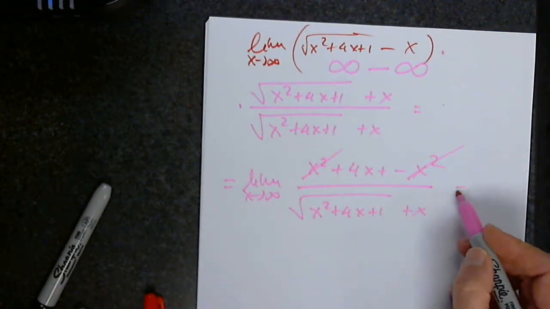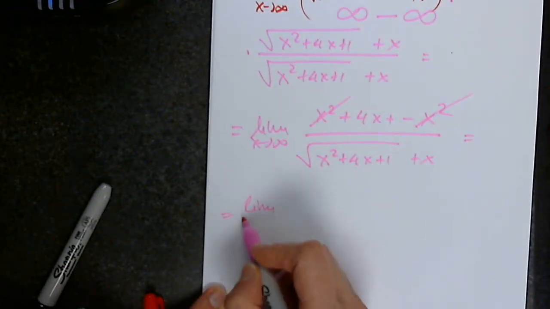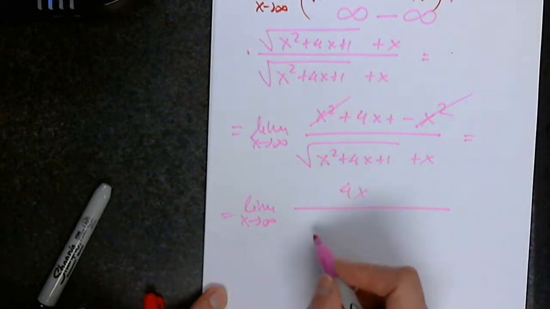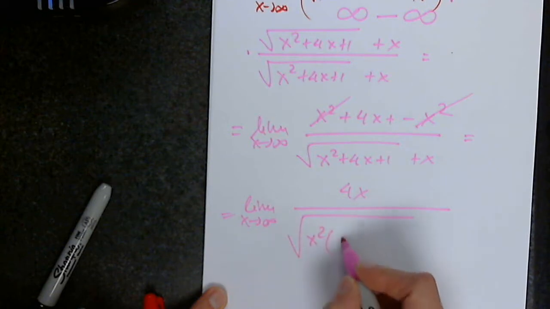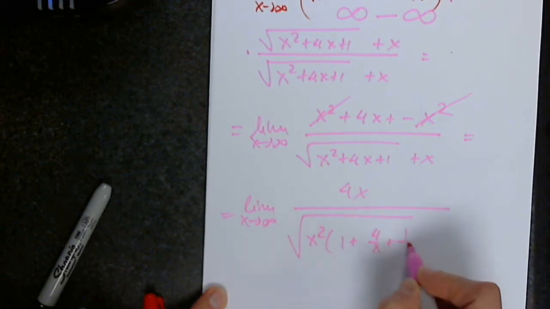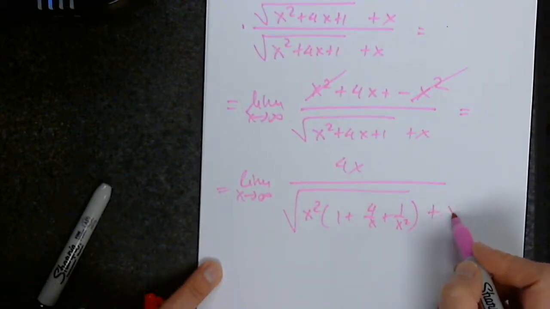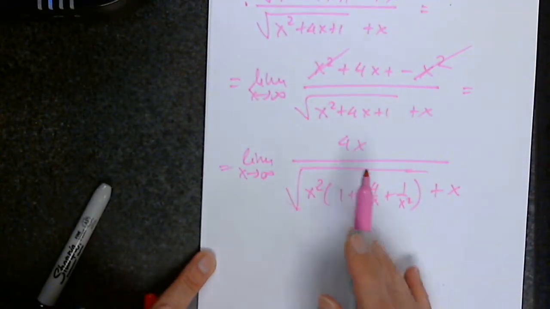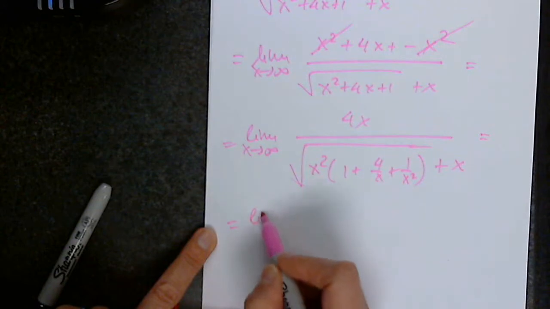These two go away. So then limit as x approaches infinity, 4x over, I will have to factor out x squared here, 1 plus 4 over x plus 1 over x squared, plus x. Since x approaches infinity, the square root of x squared can be written as x.